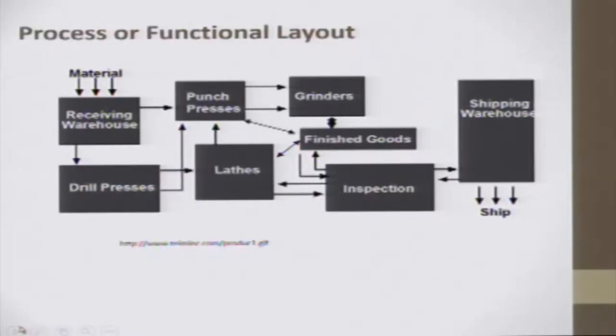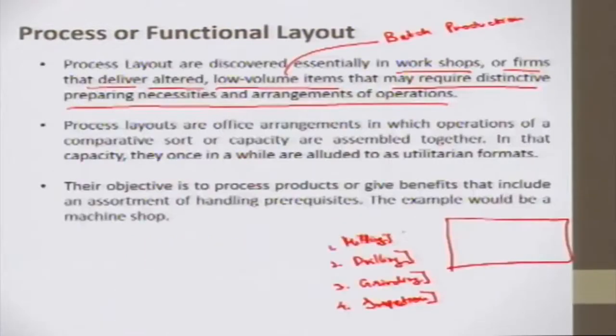So this is a material being received by a warehouse. Here we have only drilling presses. Here we have punch presses. Here we have lathes. Here we have grinders. Here we have finished goods. Here we have inspection. Here we have the shipping warehouse. Let me say punching in place of milling. First I receive my product here. For this specific batch, I say punching.